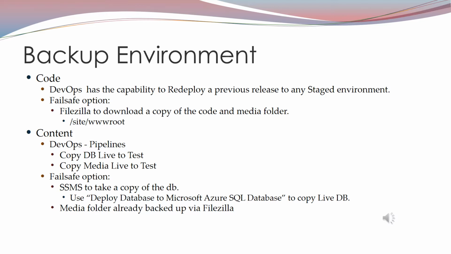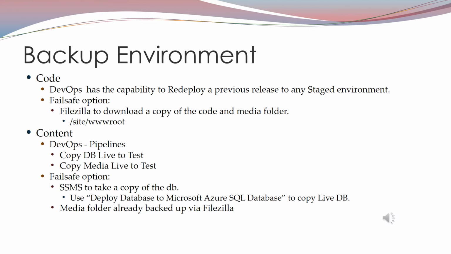But for a fail-safe option, I sometimes just do a FileZilla download copy of the entire website, just so it's a mirror copy should it need to be restored. And the folder I take a copy of is /site/www-root.